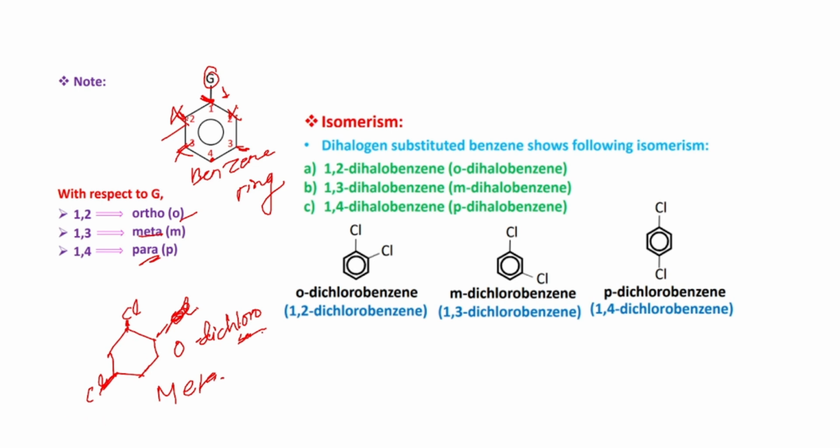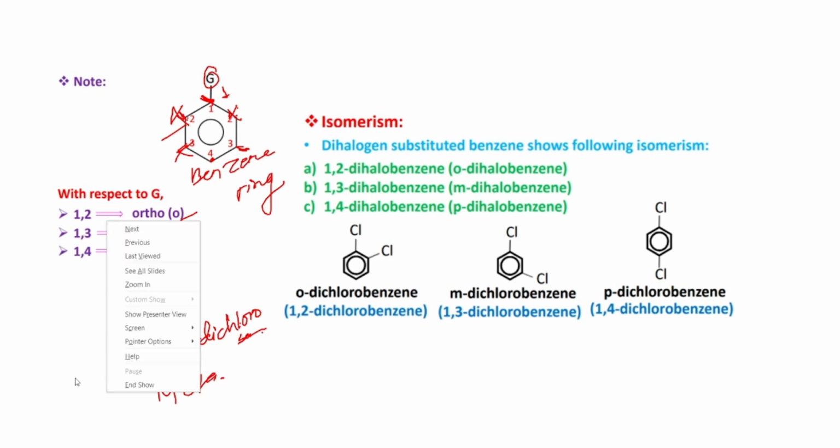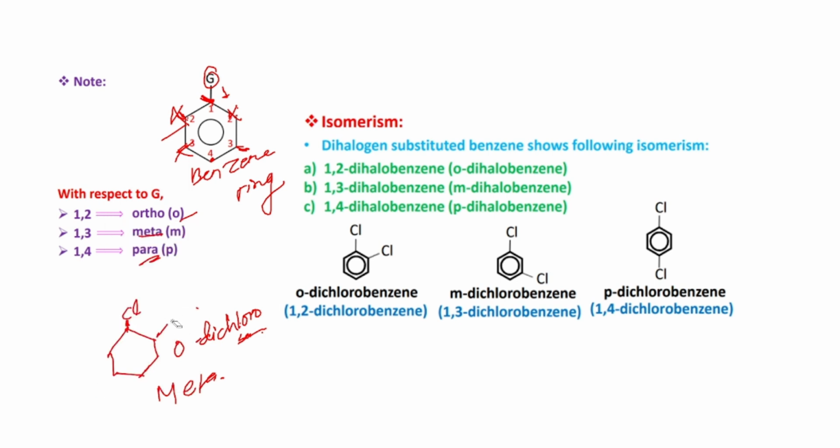And if, now, if one chlorine is attached here at one and next at this position, then it is called as para. So यहाँ हामीले isomerism त्यो कुरालाई हेर्न सक्छौँ.